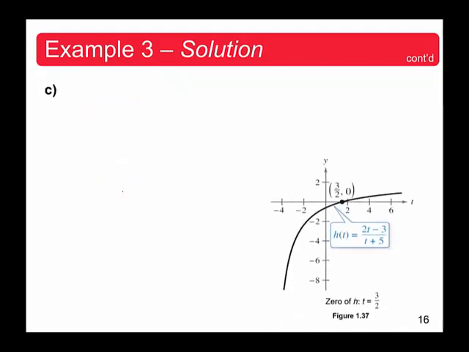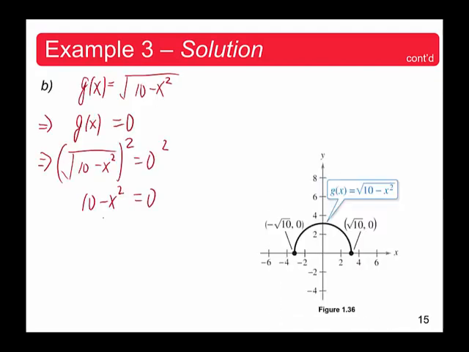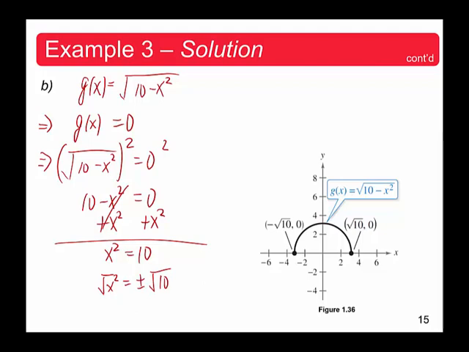Now add x squared to both sides of the equation. Cancel that, switch the order, x squared equal to 10. And we take the radical of both sides of the equation. When we take an even root, we always put plus minus on the right hand side. So x equal to plus minus radical 10. So we get a couple zeros, or a couple x-intercepts.